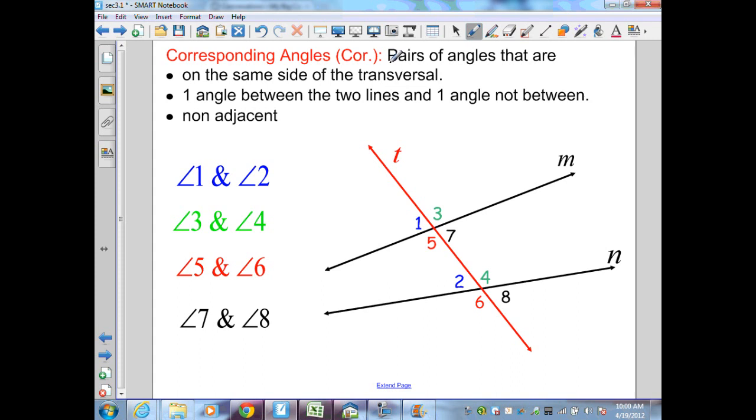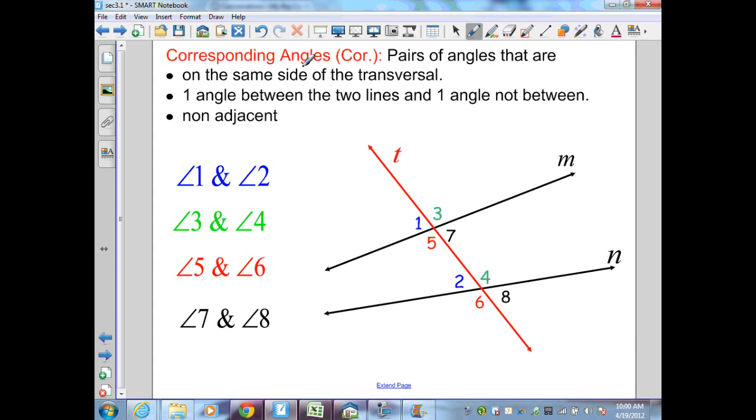Corresponding angles are pairs of angles that are on the same side of the transversal, but one angle is on the exterior of my two lines, outside M and N, and one is between M and N. But they still are non-adjacent. And with corresponding angles, I have 4 pairs of corresponding angles. The other 3, alternate interior, alternate exterior, and same side interior, all have 2 pairs.